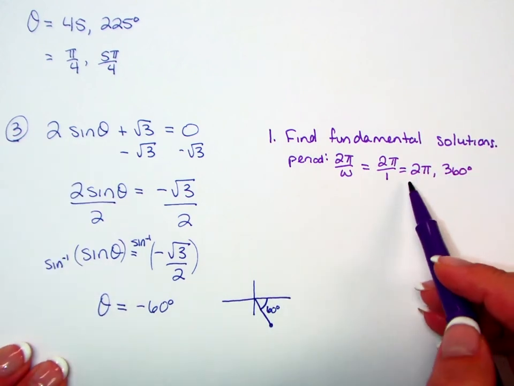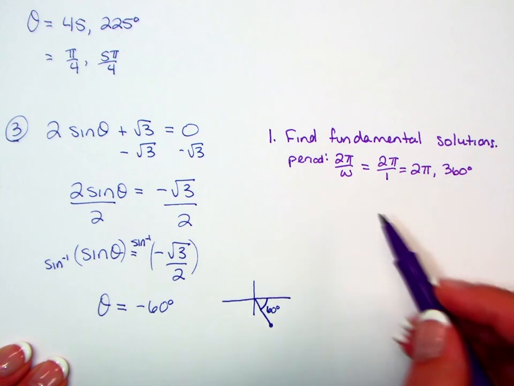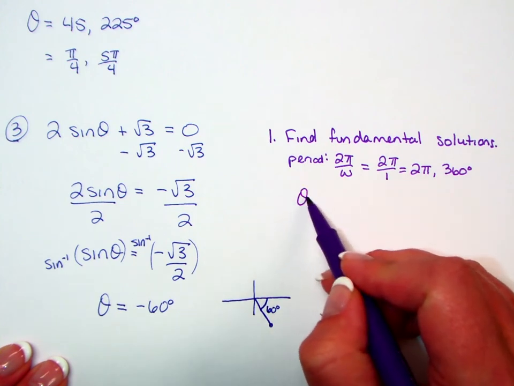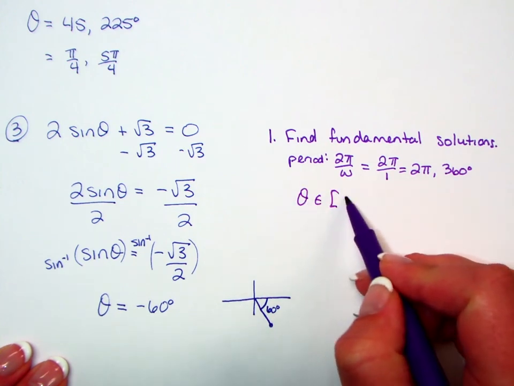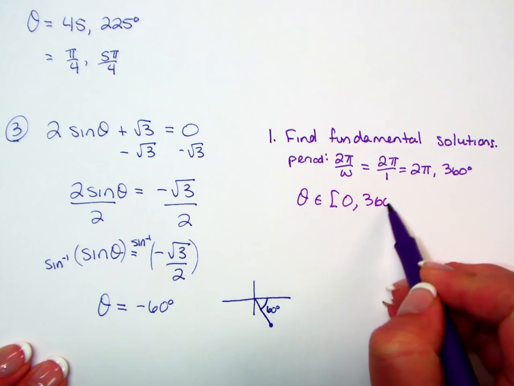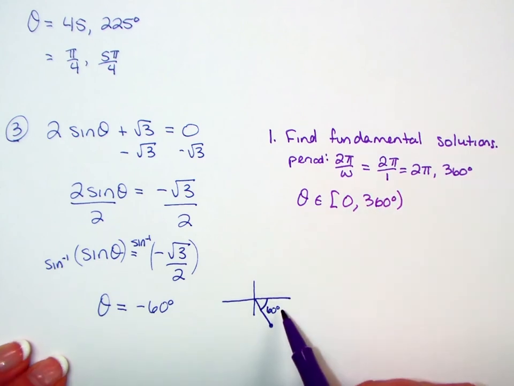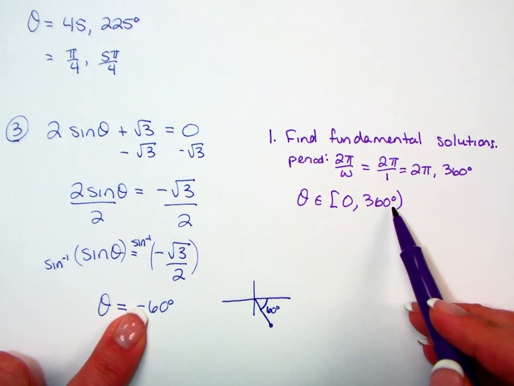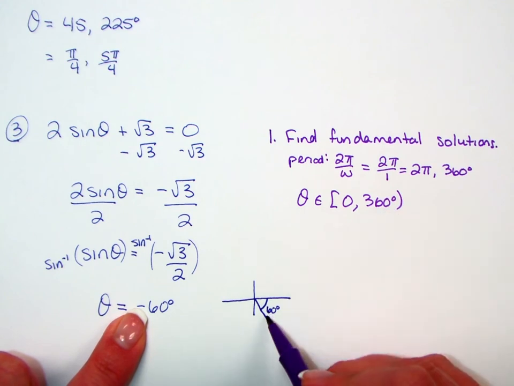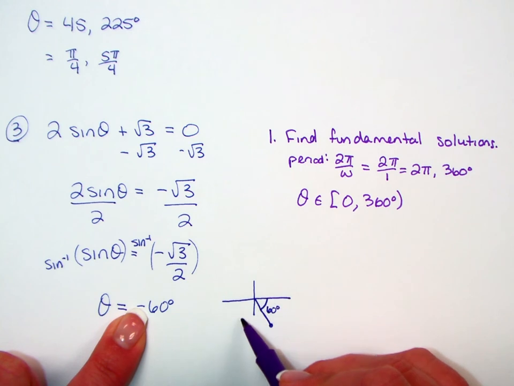Now really what we need to do, for all of our fundamental solutions, is find theta from 0 to 360 degrees. And our calculator just gave us an answer, negative 60. Negative 60 is not a fundamental solution. We have to write this as a positive angle.